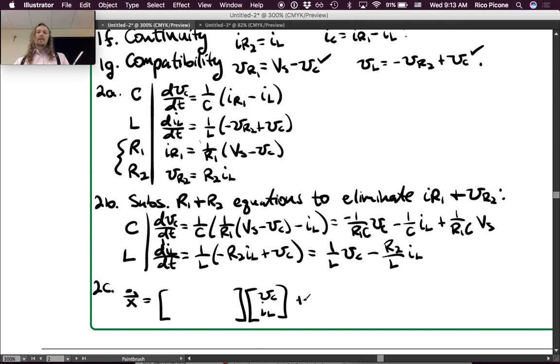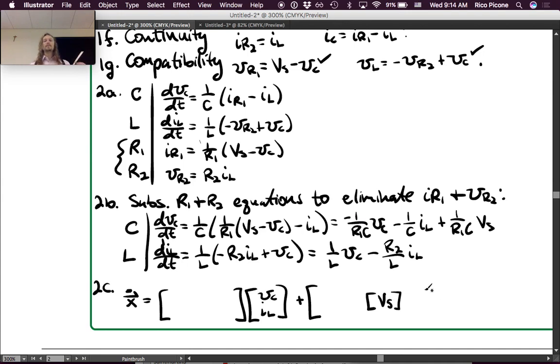Then we have plus the B matrix. So it has to add with this 2 by 1 vector, so it has to end up being a 2 by 1. So the first dimension has to be 2. And then it multiplies the input vector u, which is just a 1 by 1, right?